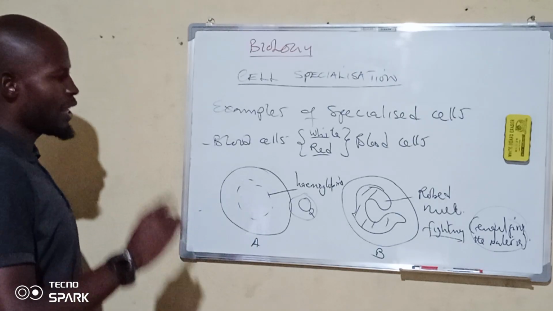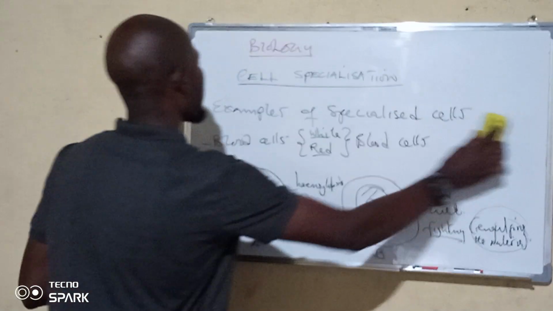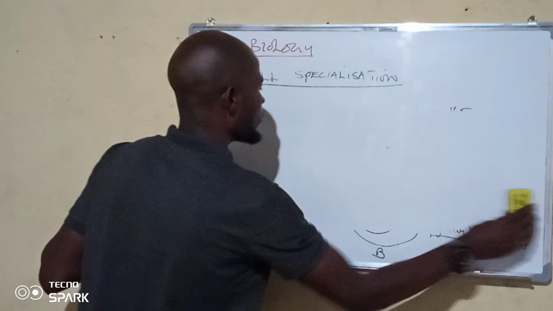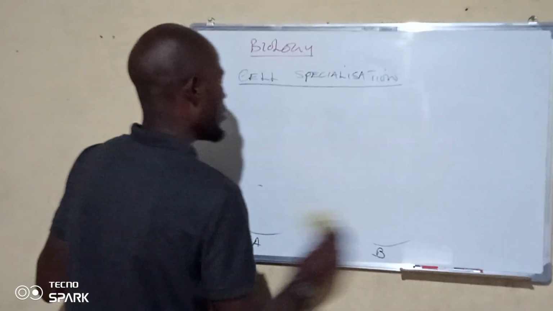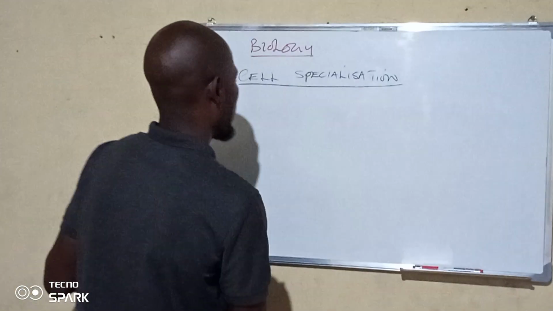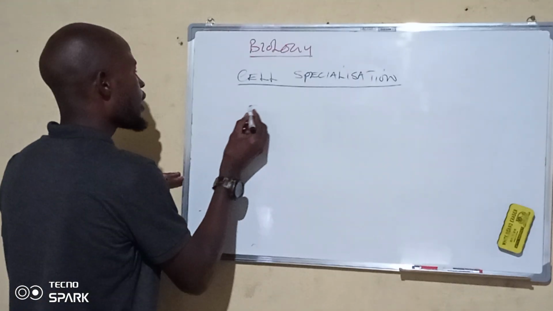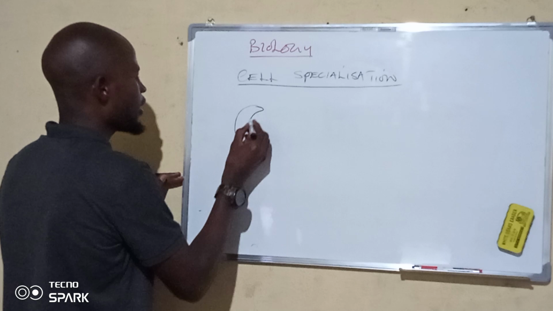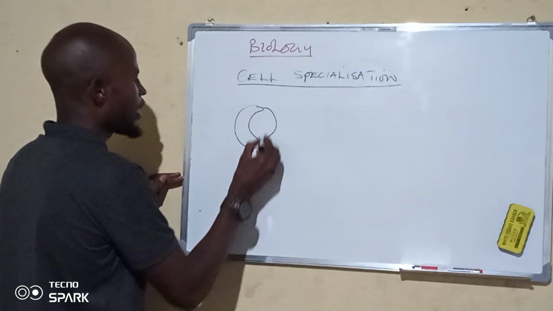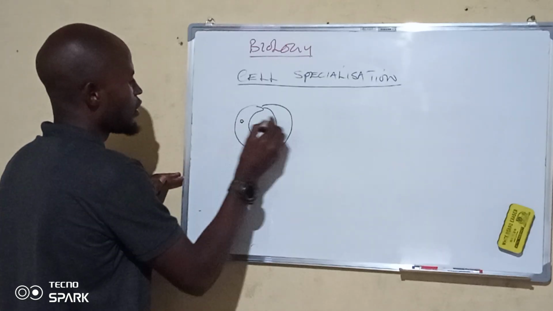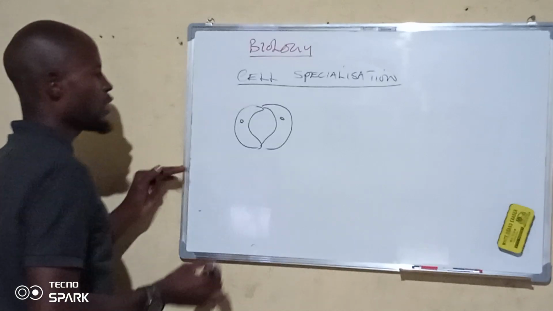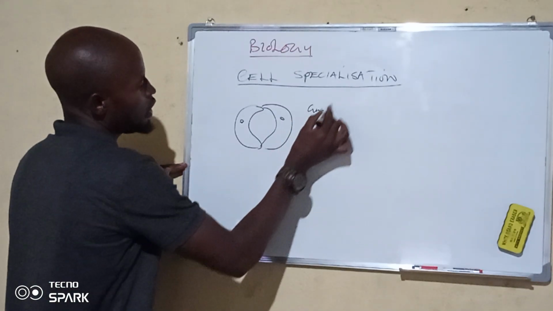After that, we are going to look at the second example, which is the gut cell. It looks like this. This is the gut cell.